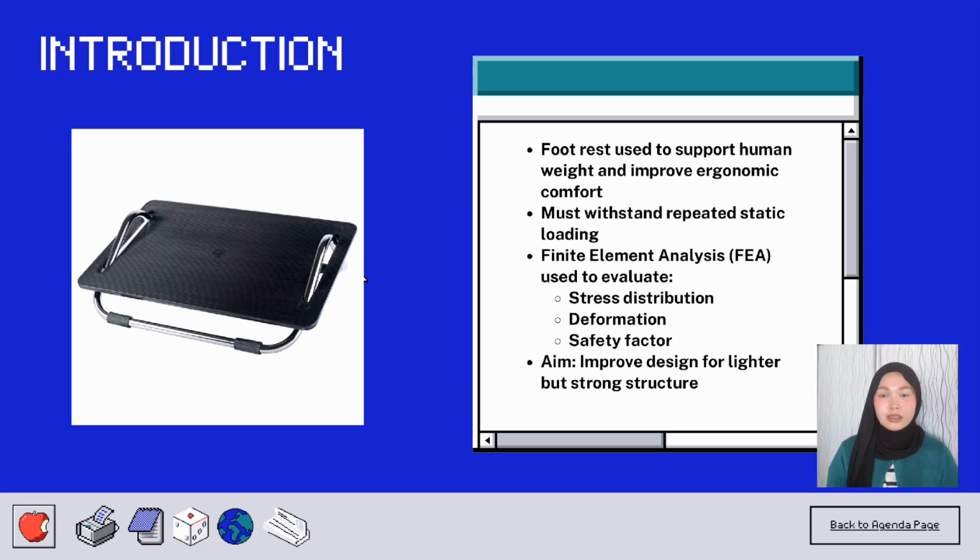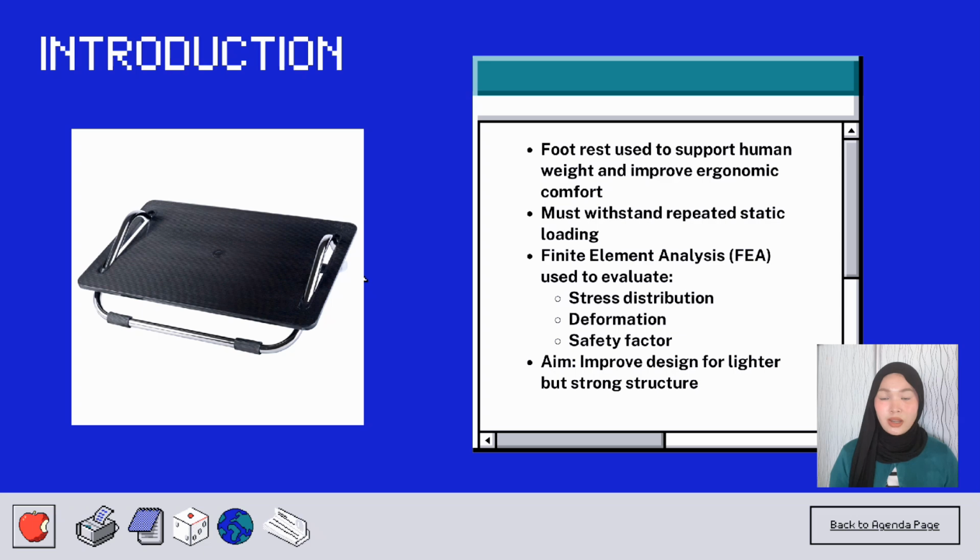Introduction. A footrest is commonly used to support human weight and improve ergonomic comfort in office environments. Because it experiences repeated static loading, the structure must be strong enough to prevent excessive deformation or failure.